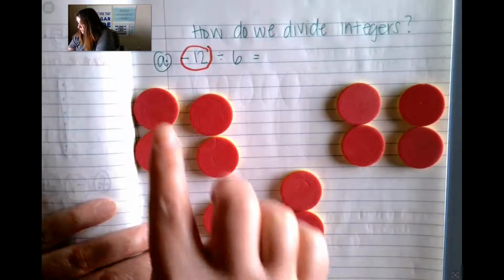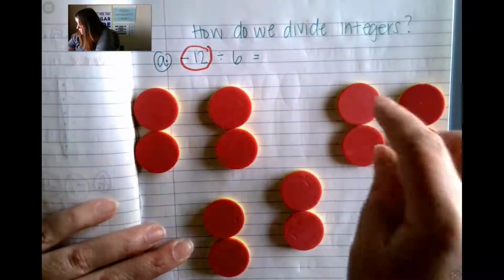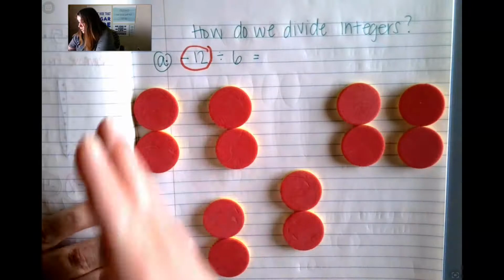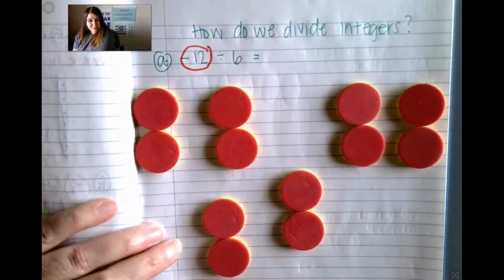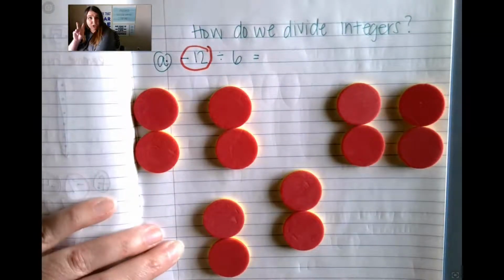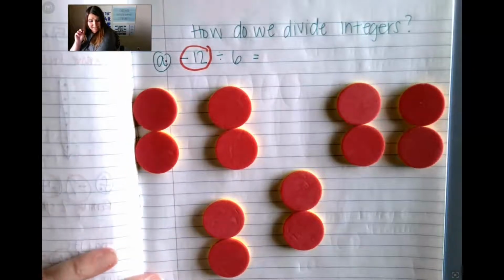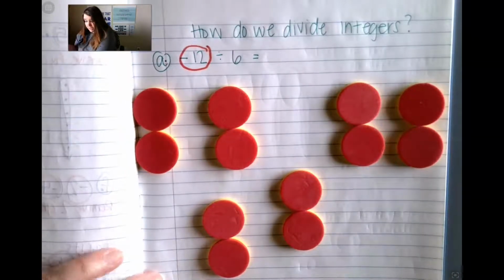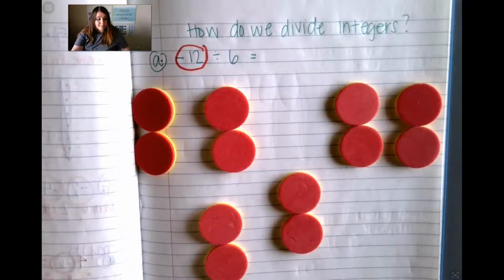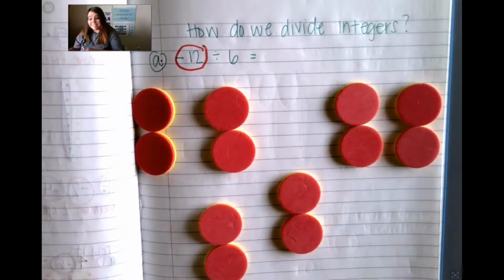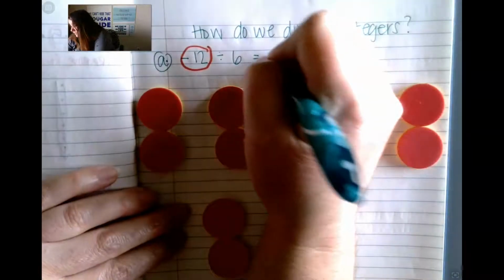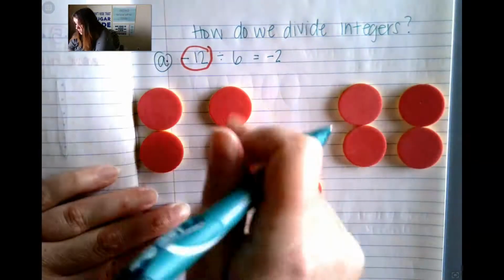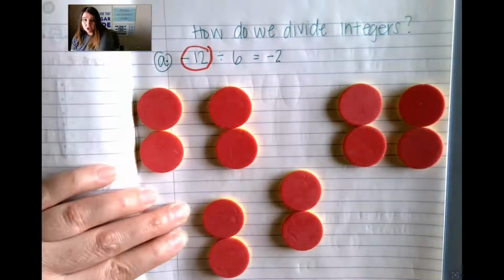I actually have 2, 4, 6, 8, 10, 12. Here's my 6 equal groups, and within those equal groups, I have 2. But it's not just any 2, it's a -2 because they're red chips in each group.